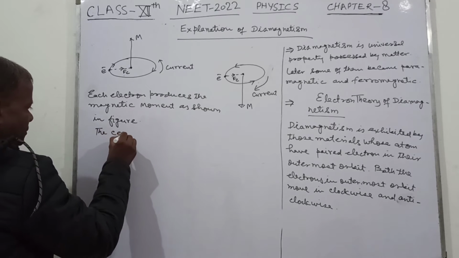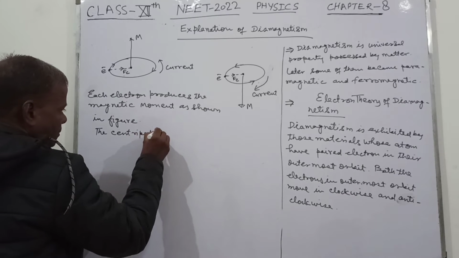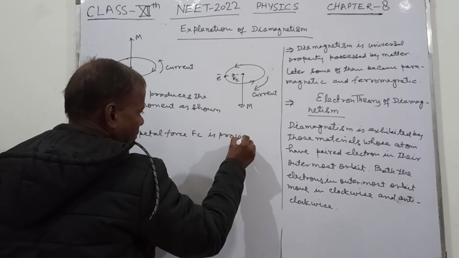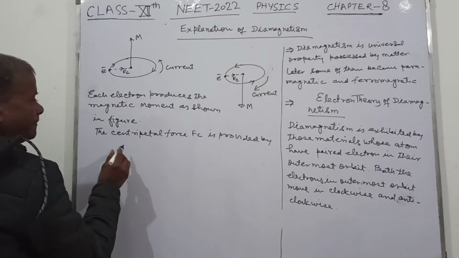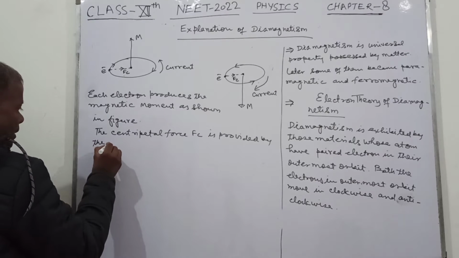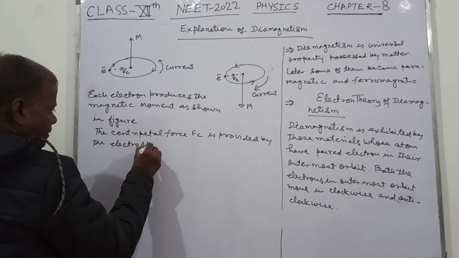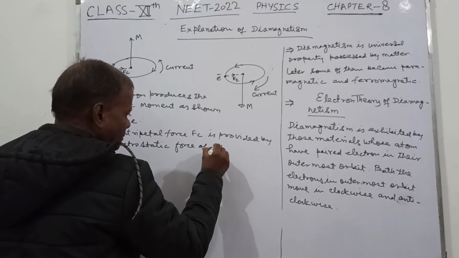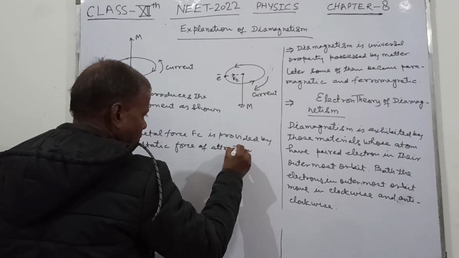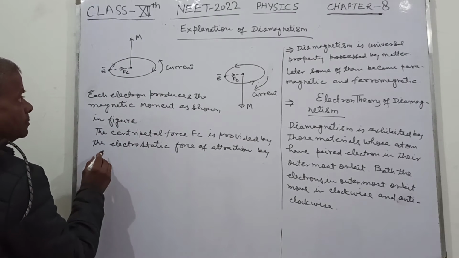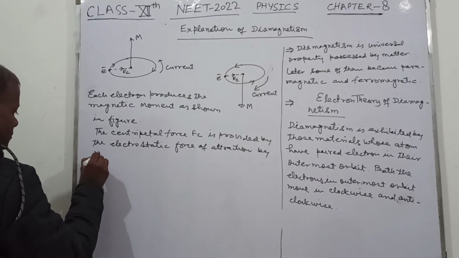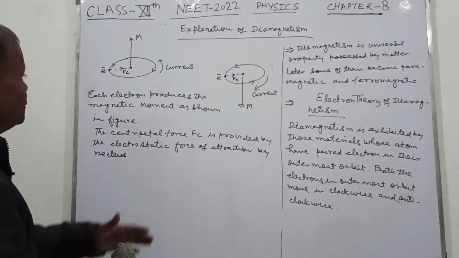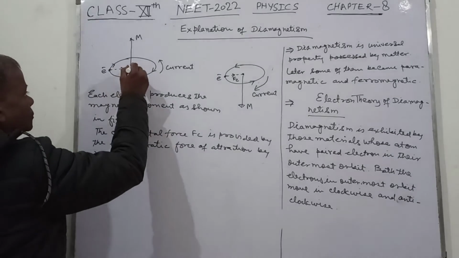The force Fc is provided by the electrostatic force of attraction by the nucleus, so this is towards the center O.